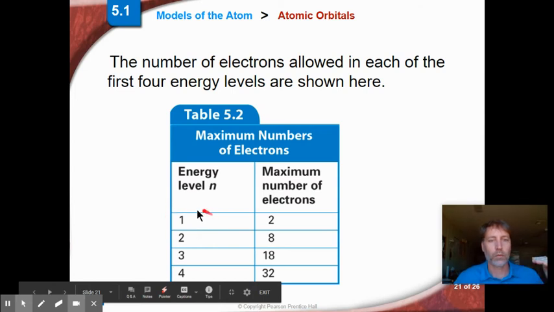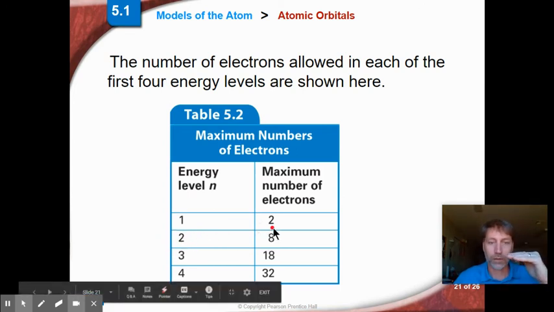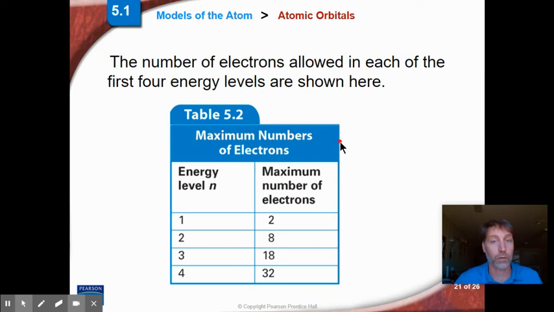In the first row, the maximum number of electrons held in that energy level is 2. The second energy level is 8, the third is 18, and the fourth is 32. Just hold on to that in your head for a moment, but these correspond to rows on the periodic table that will help you decipher what are called electron configurations later.